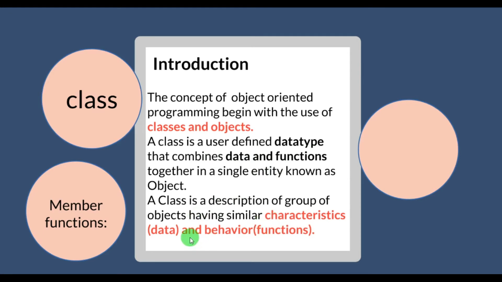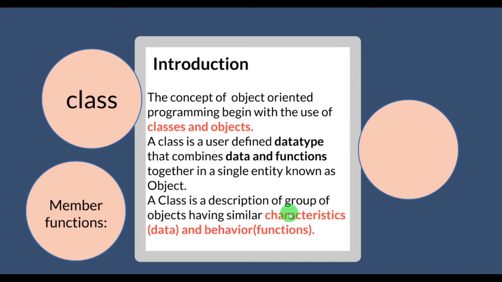And one more thing we have highlighted here: data members are nothing but the characteristics and member functions are nothing but the behavior. So remember whatever I have highlighted in red on this particular page. So this is about what a class is. In this slide we studied that a class is a user-defined data type.